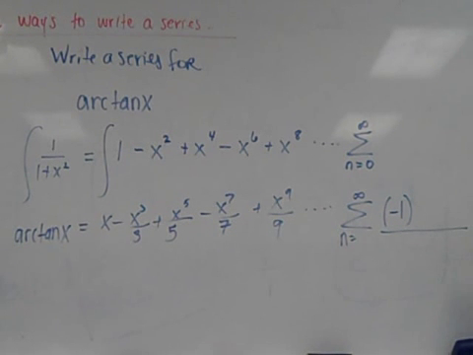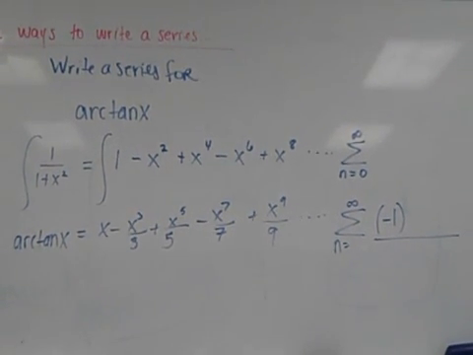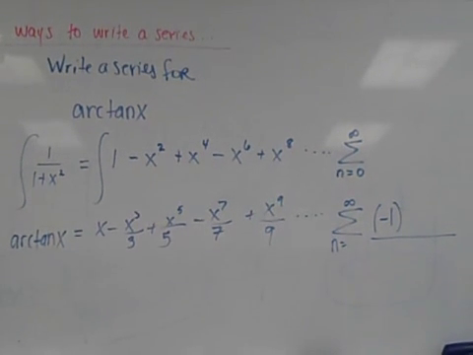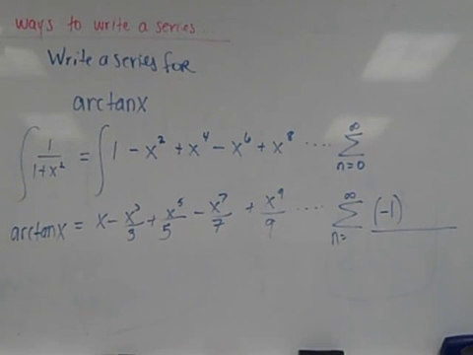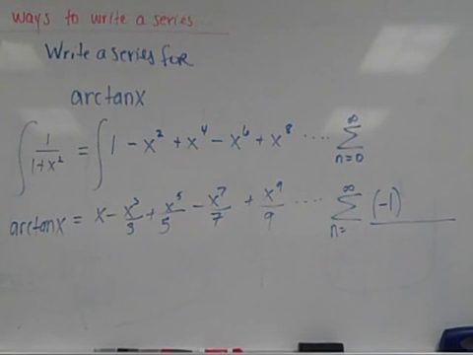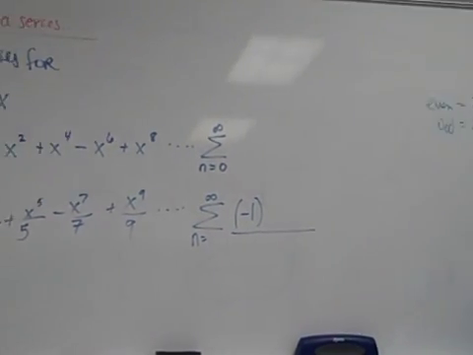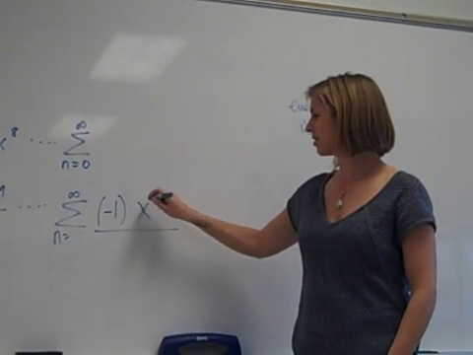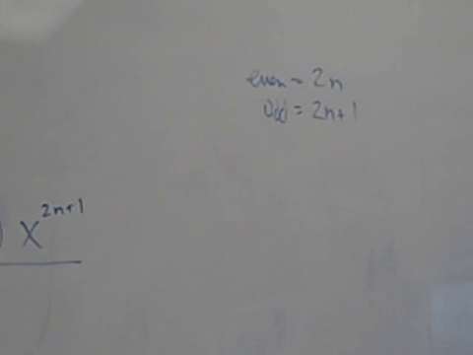You should know now how to represent an even number versus an odd number, like in Algebra 1 with the sum of 3 consecutive odd integers. An even number is always 2n, and an odd number is always 2n plus 1. Since I have odd numbers, I'm going to make x to the 2n plus 1 and see how that works.